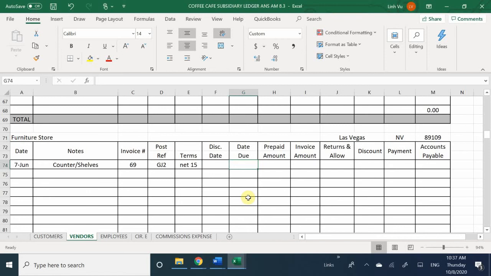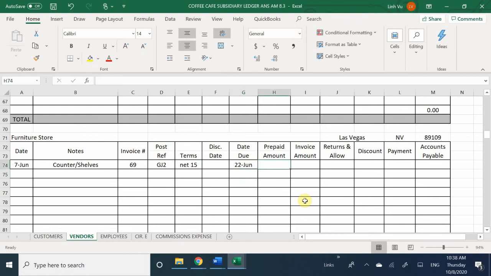So when is this amount due? It's due on the 22nd, right? We don't count the day that we received it, we count the day after. So in this case, yes, it's going to be due on the 22nd of June.